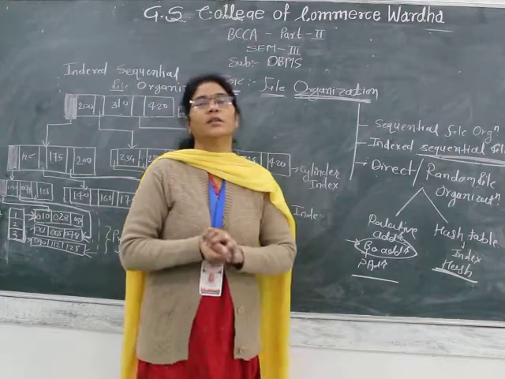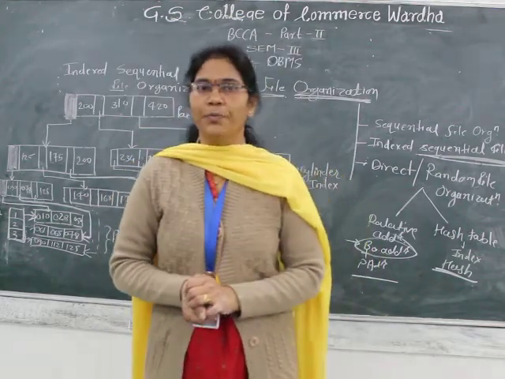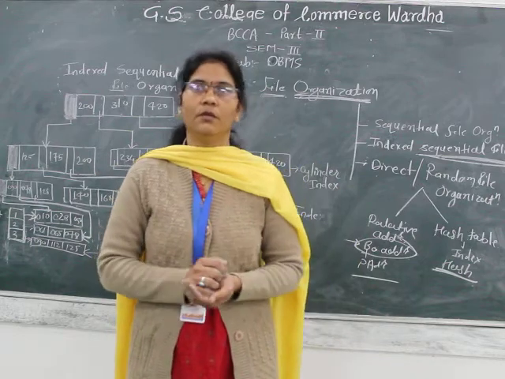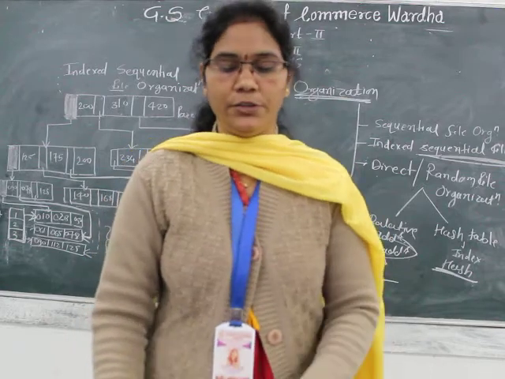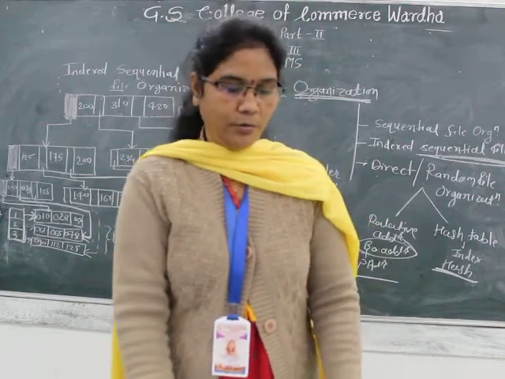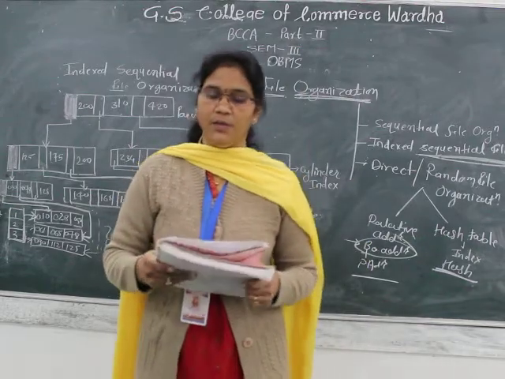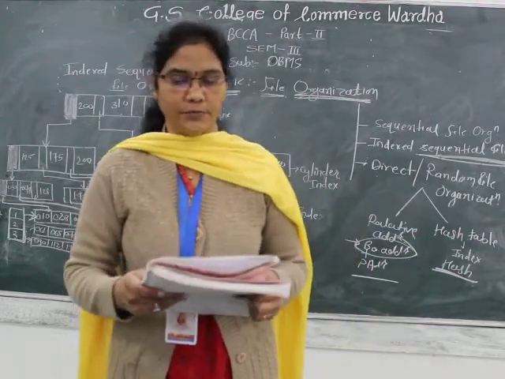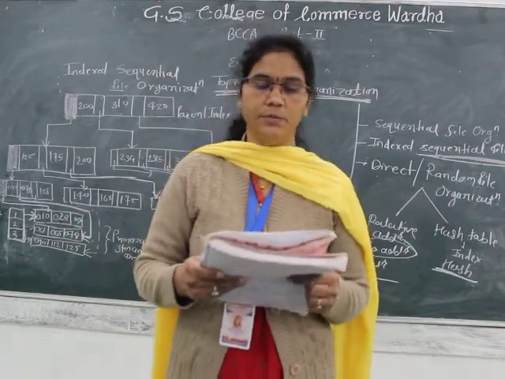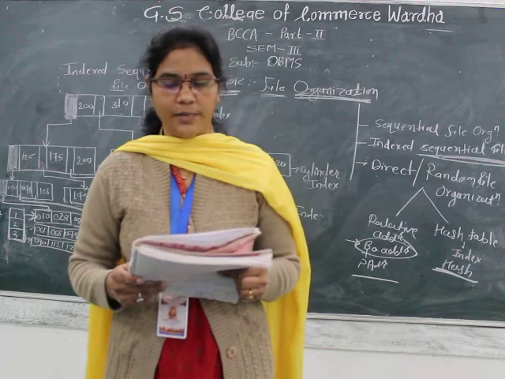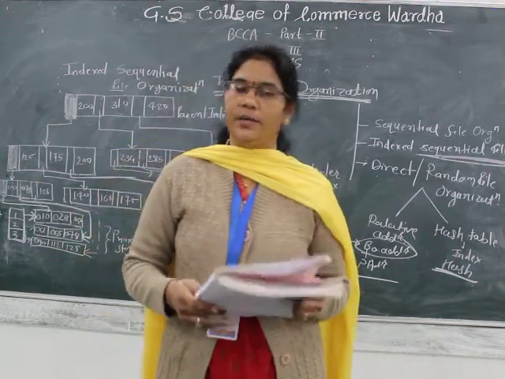Here the first unit of your syllabus is over. Basically, in our first unit we learned about the concept of the system, types of decision, information system and its classification, conventional file processing system, database system, components of database management system, and economic justification of the database approach.